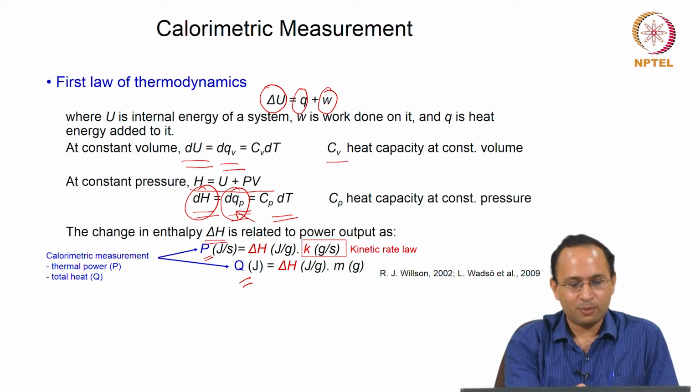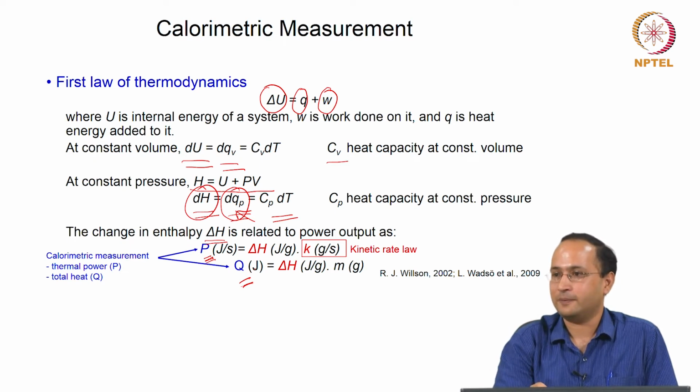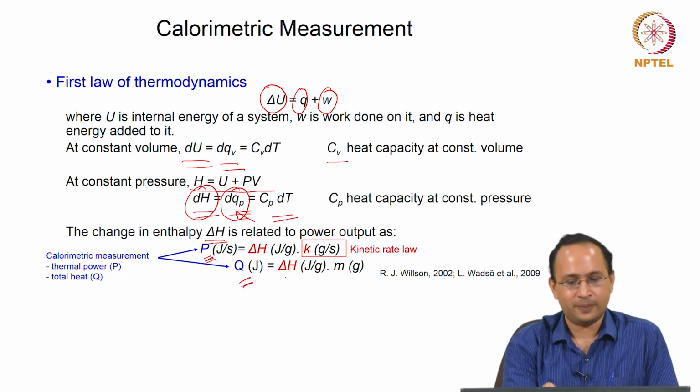So thermal power is P, and you can also get Q, the total heat, by integrating power over the time period. This is the total heat released during a process.